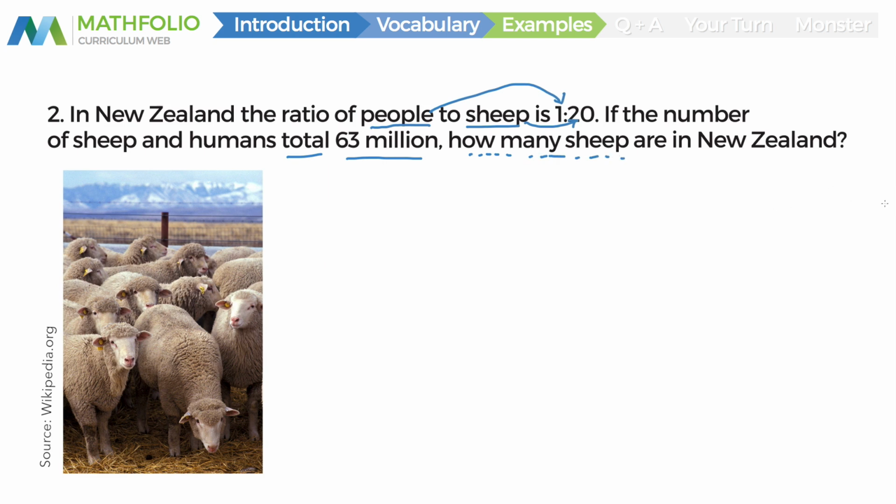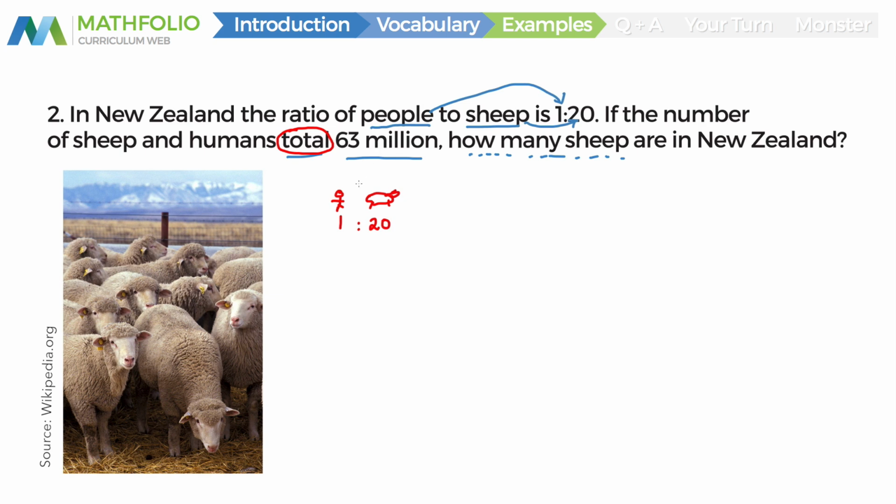All right, so there's a little twist in this problem. The twist comes right here when it talks about total. Because so far, the start of the question just gives us a ratio of people to sheep. So people, sheep, 1 to 20.